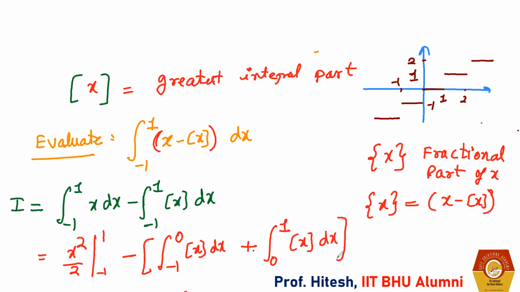What we have seen: from minus 1 to 0 its value is minus 1, and from 0 to 1 its value is 0. Okay, let me clear this. So I is equal to x square upon 2, limit is minus 1 to 1.